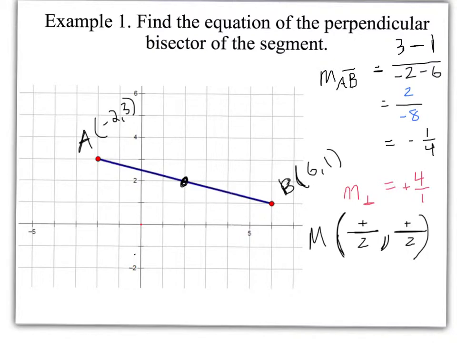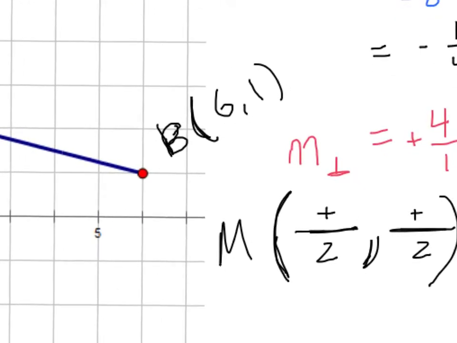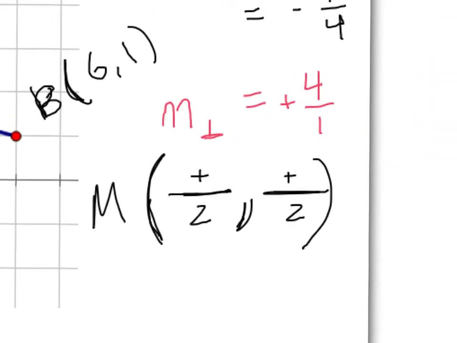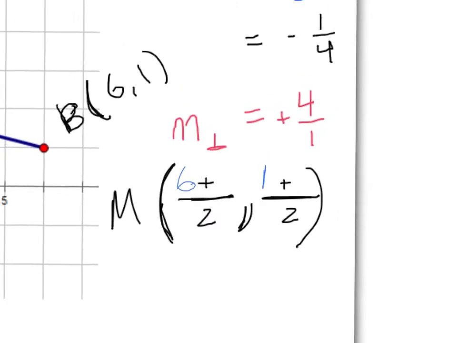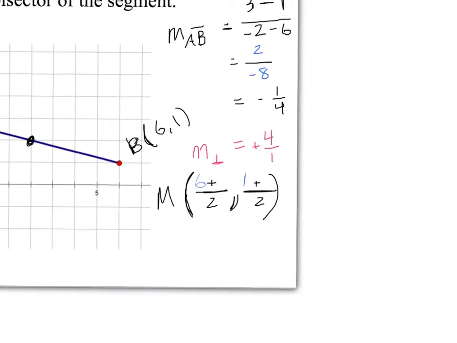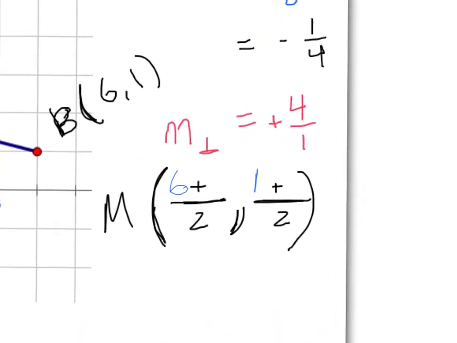Let's see, so midpoint formula popped in right there. Let me zoom in on it. Alright, so I believe one of my coordinates was 6. The other was 1. I already forgot, how embarrassing. The other coordinates were negative 2 and 3.